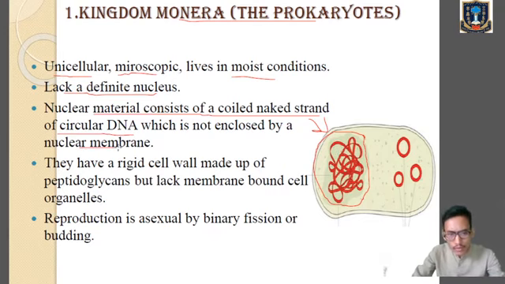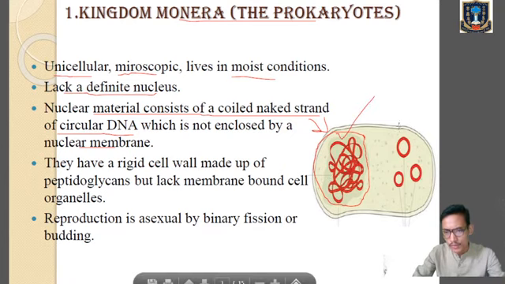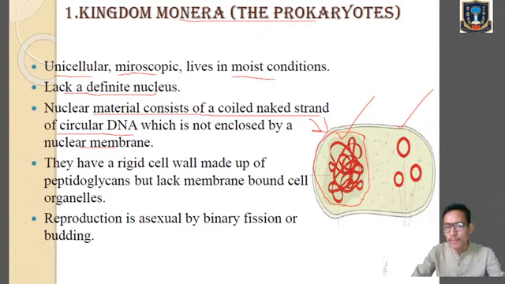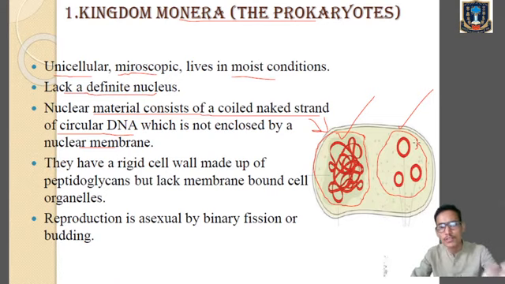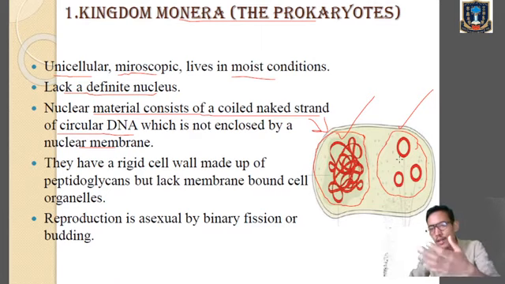Now over here you can get confused between these two structures. This one is the nuclear material, the circular DNA, and the other structure we are seeing is the plasmid. It is an extra-chromosomal circular DNA molecule present in bacteria. Plasmids are mainly used in biotechnology, which you will learn in higher classes.